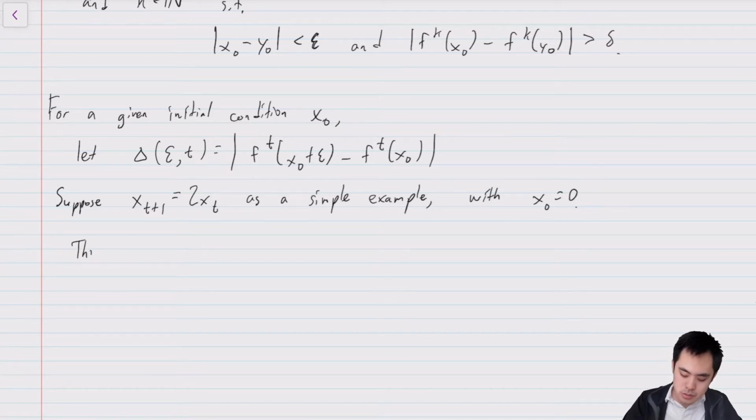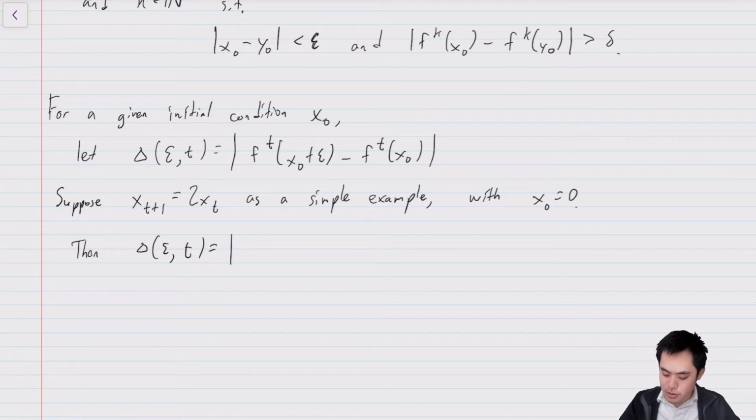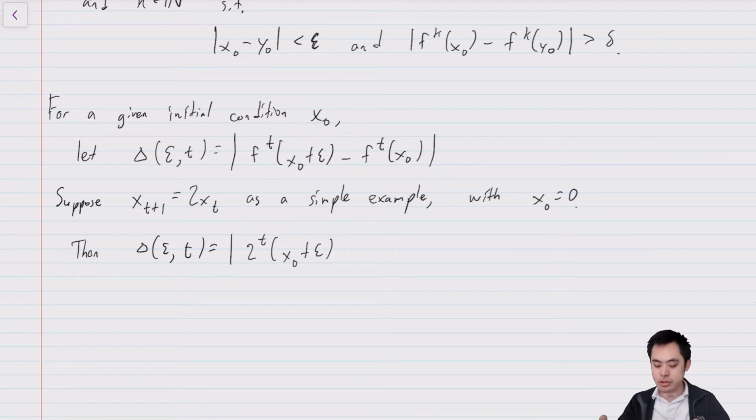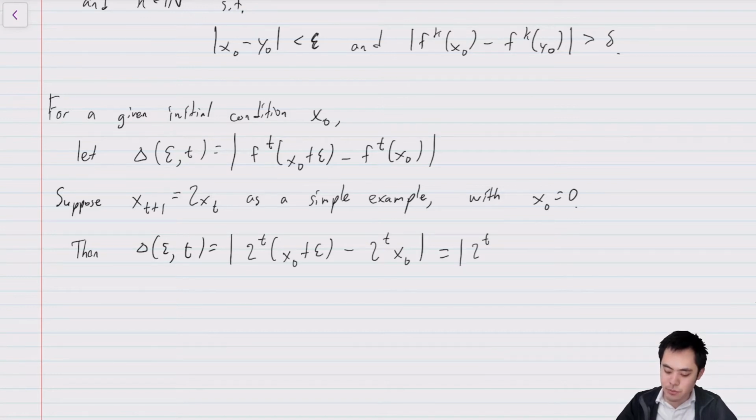Well, we know that delta epsilon comma t is going to be equal to, we're repeatedly multiplying by 2 each time, so we start off with 2 to the t times x naught plus epsilon, since that was our original starting point, minus 2 to the t times x naught, which is just equal to 2 to the t times epsilon.